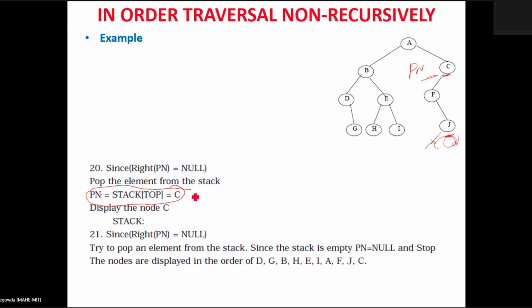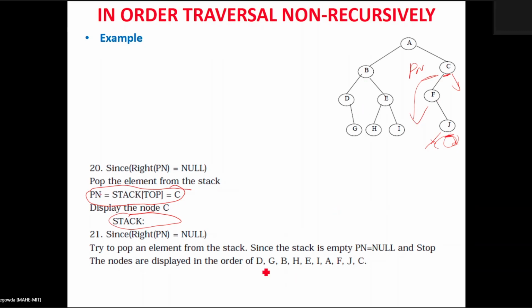Okay. Now after popping it, your stack becomes empty. So now right of Pn is also equal to null. We already traversed the left of C here. So if you look at the right of C, the right of C becomes null. When the right of C becomes null, it is understood that we have visited all the nodes in the inorder method.